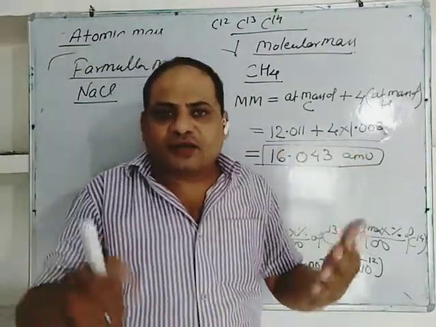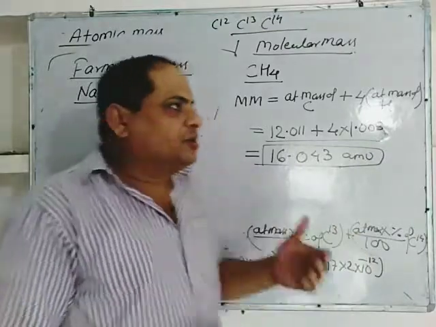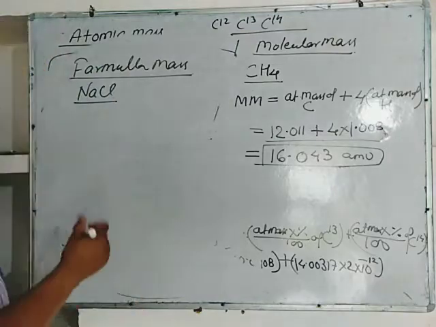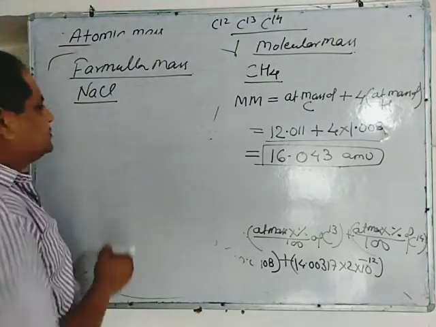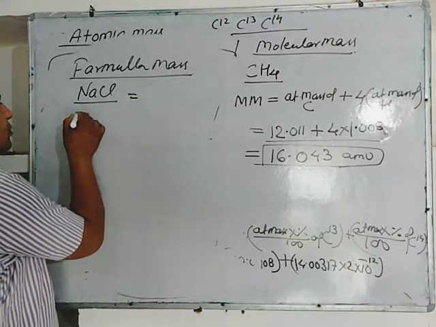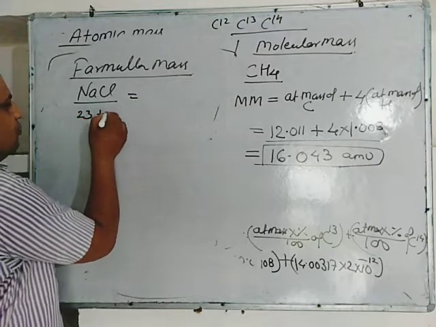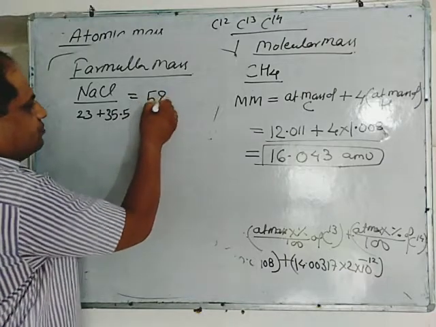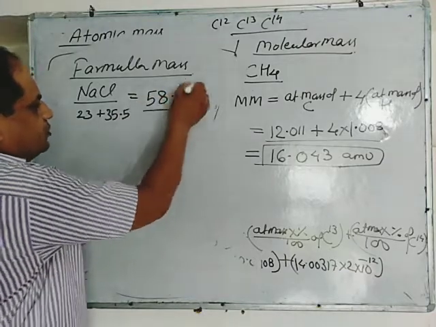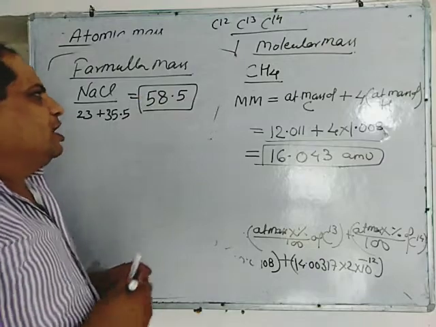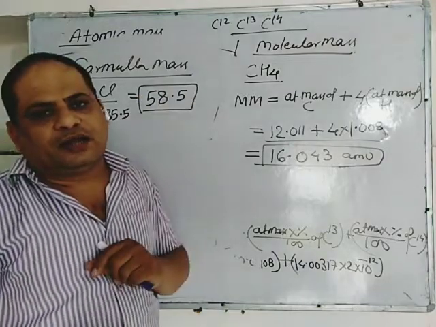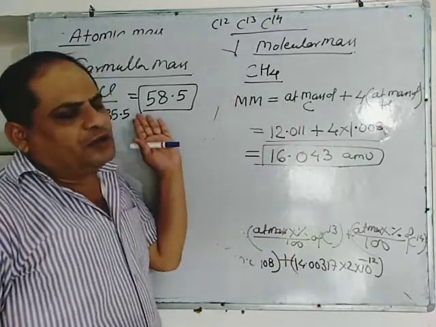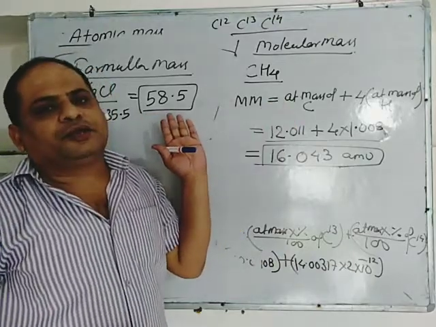For such compounds, the term formula mass is used. So what will be the formula mass? Sodium 23 plus chlorine 35.5, this is equal to 58.5. So this is the formula mass of NaCl. This is similar to molecular mass, but the term formula mass is used for ionic compounds.